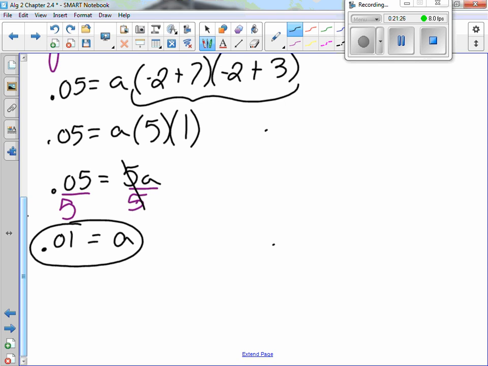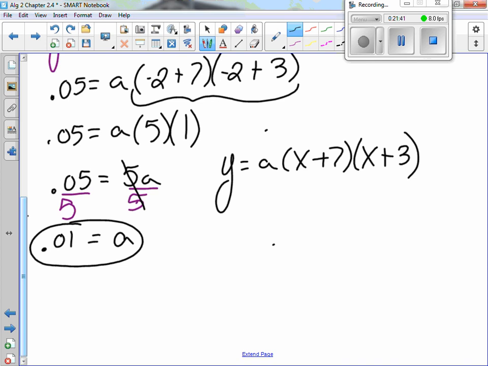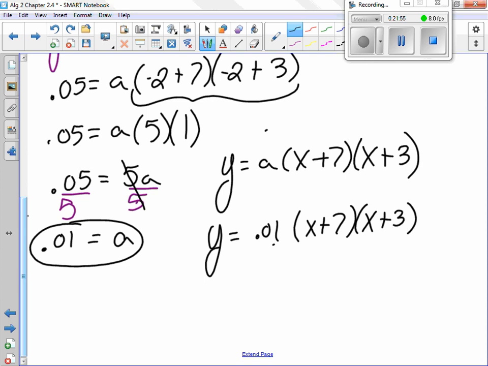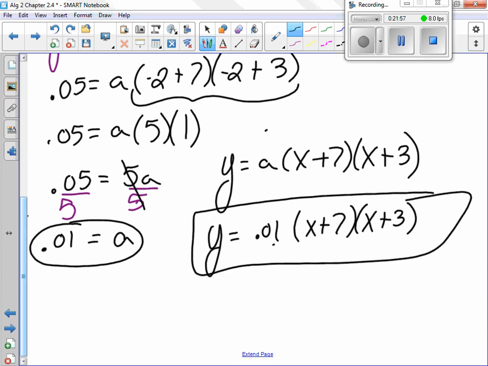If you do it in a calculator, 0.05 divided by 5 should give you 0.01. So this is the equation we were looking at to find the value of a. And we found it, didn't we? 0.01. That's it.